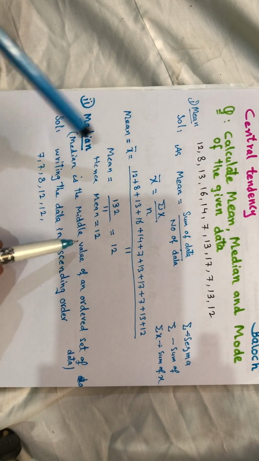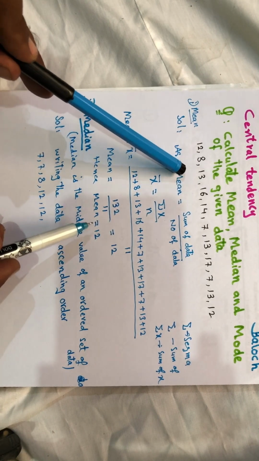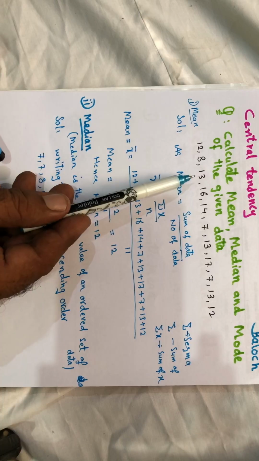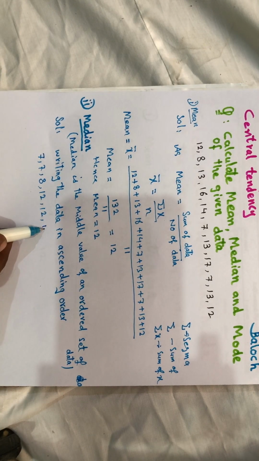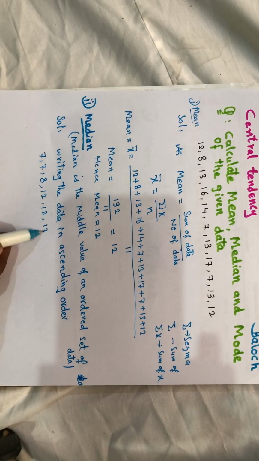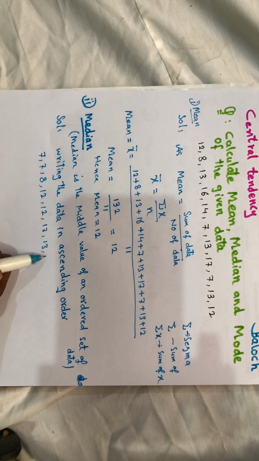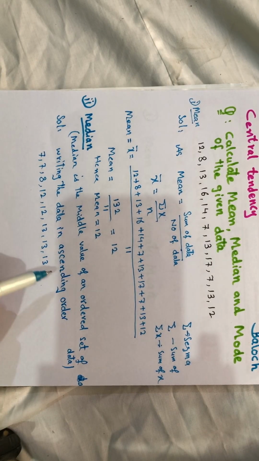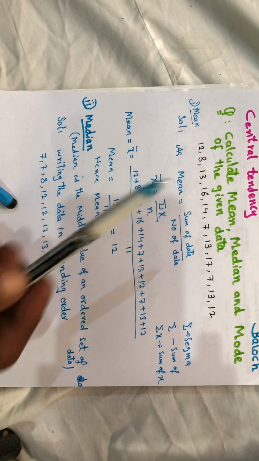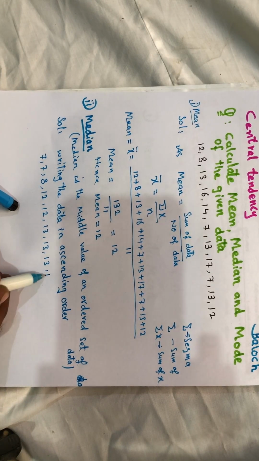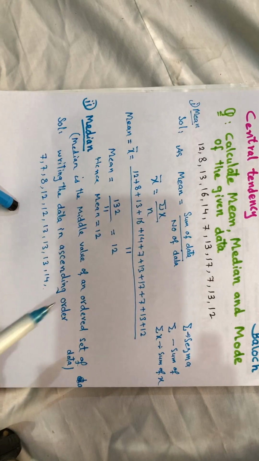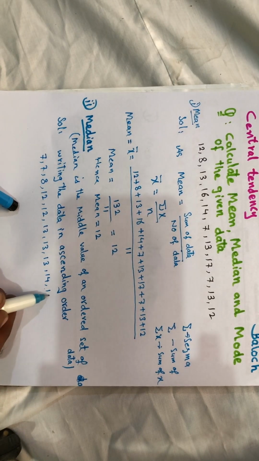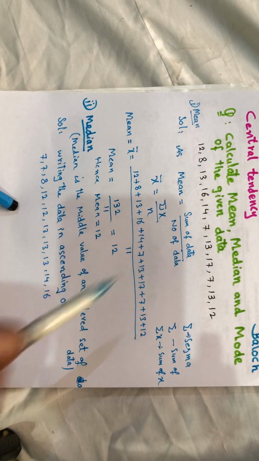Similarly, in the same way going further, 13 is there. 13 actually came 3 times, that's why we are writing 13 thrice. After that 14 is there, then 16, and in the last 17.